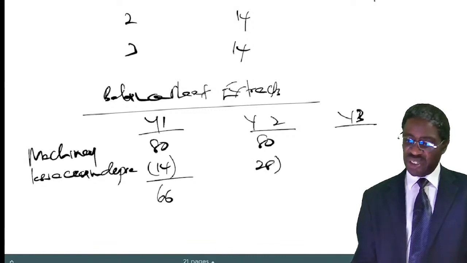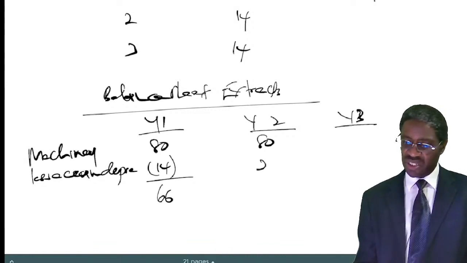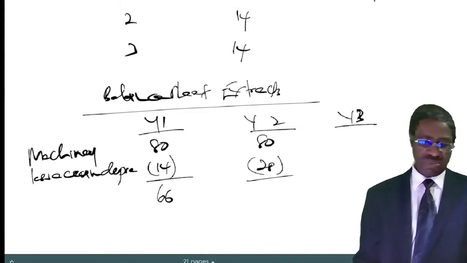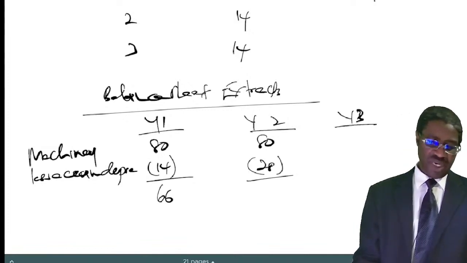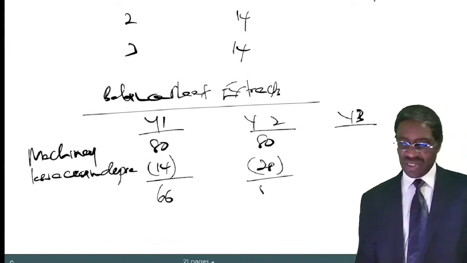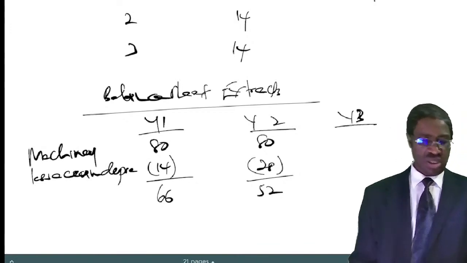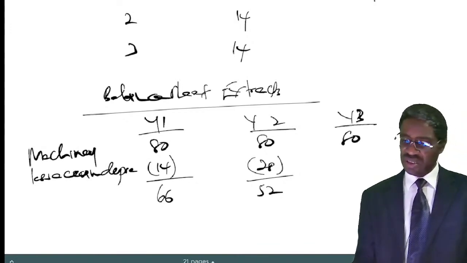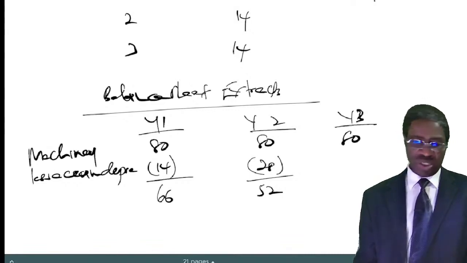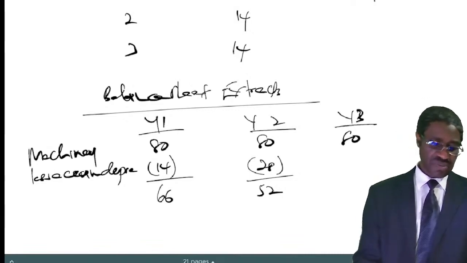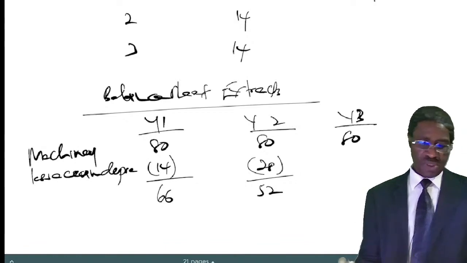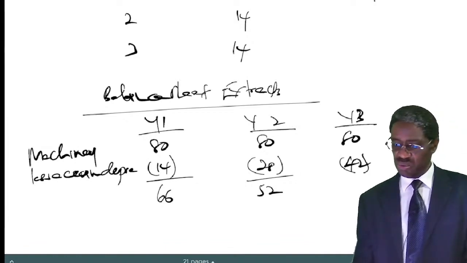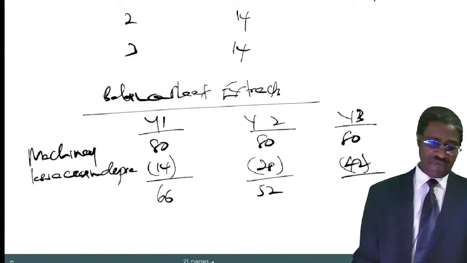Every year we are depreciating on a straight line. That is 28 now in year 2. What is 80 minus 28? That comes to 52. Come to year 3. Again 80 minus what is 14 times 3? That is 42. That means you are left with a balance of how much? 38.